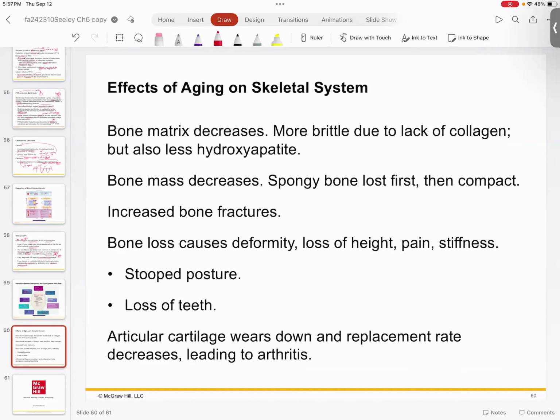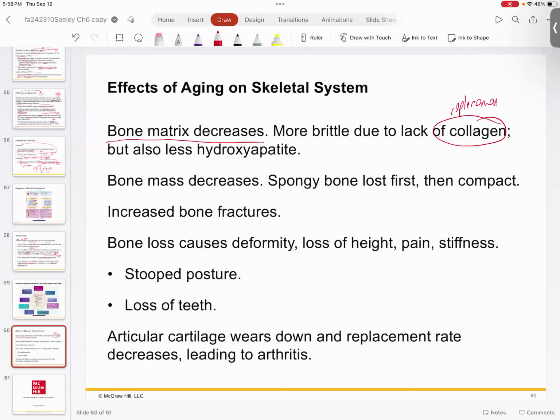So if we pull all that together, we have this overall aging of the skeletal system. Ready to get depressed? Let's get depressed. First of all, as you get older, your bony matrix decreases. Doesn't matter if you're menopausal or manopausal, your bony matrix decreases. Generally speaking, it will become a little more brittle because of the lack of collagen replacement.